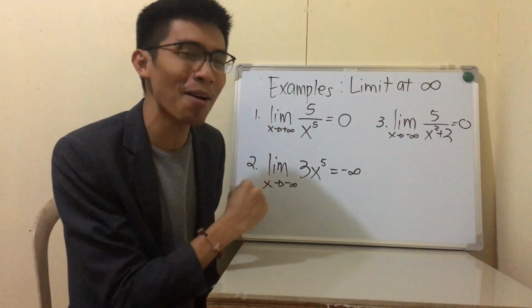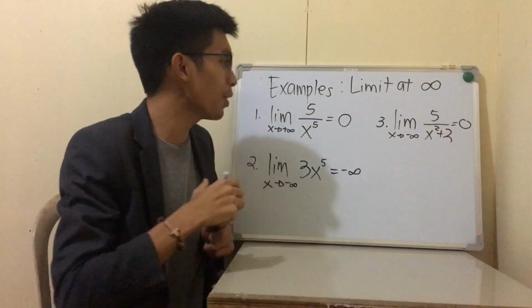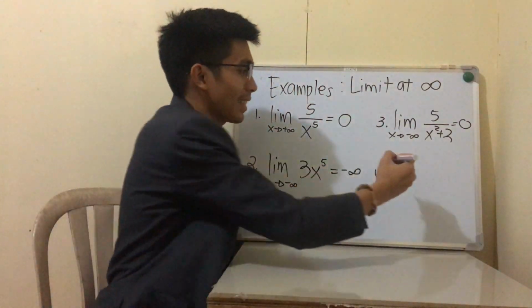Let's continue these examples for limit at infinity. We are down to example number 4. What if your function looks like this?